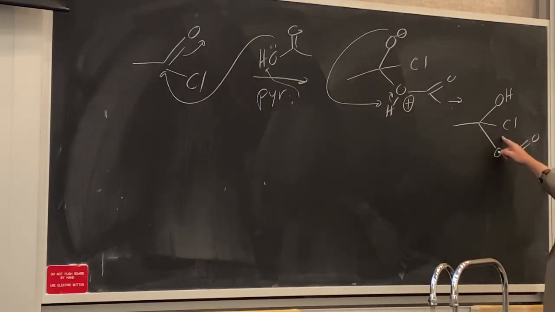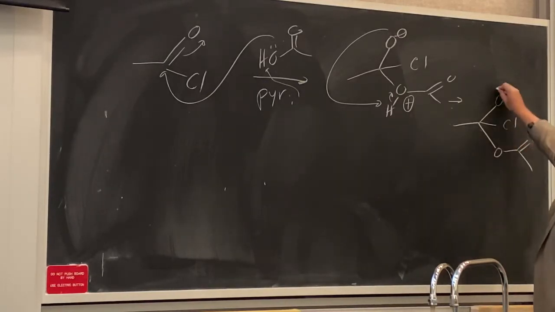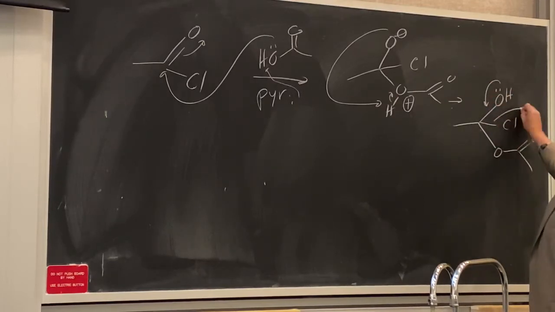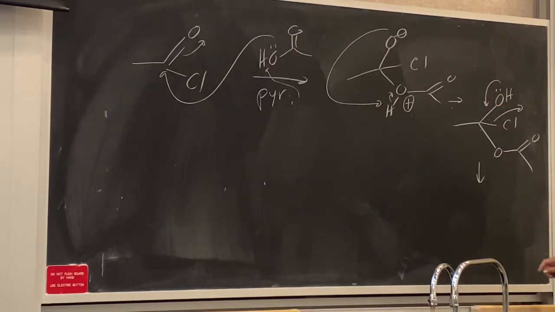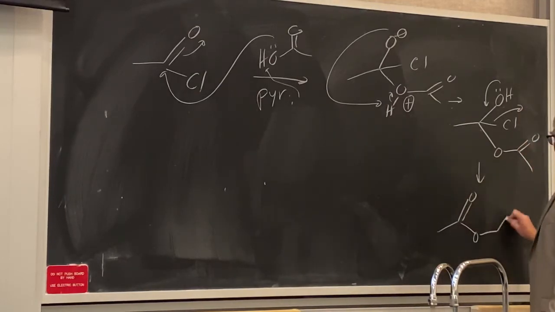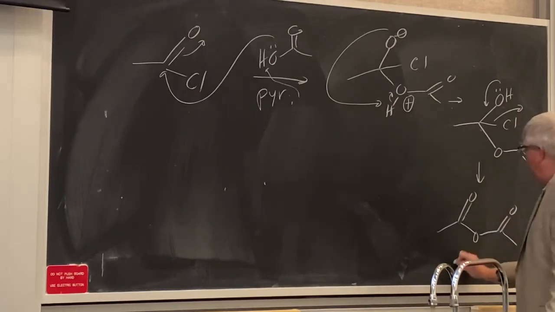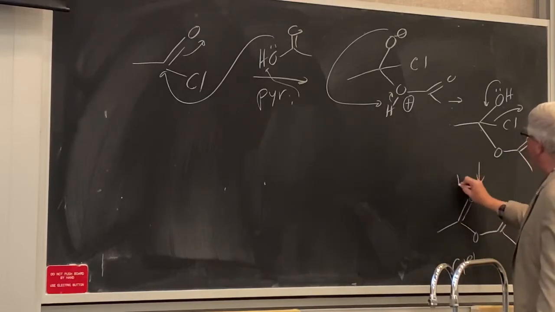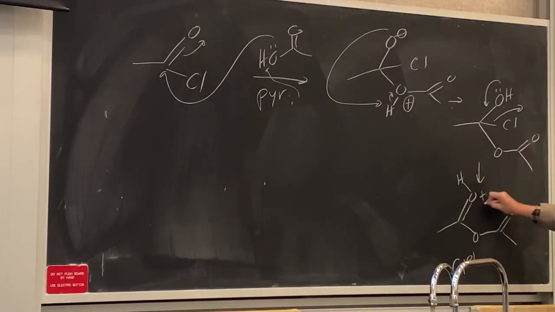I kind of like looking at this intermediate because then we can bring this down and get the true protonated form of the anhydride product that we're looking at here. So there's chloride coming off, and we've got H here still on there, right? So that will be the protonated form of that.